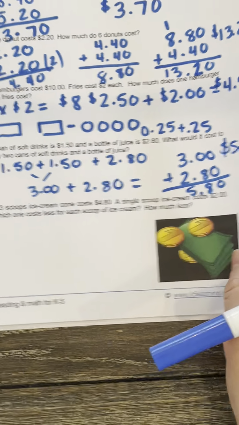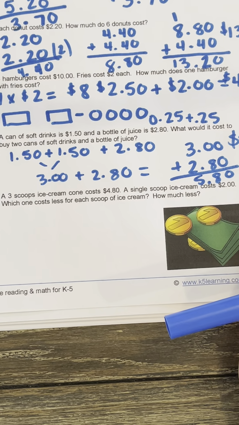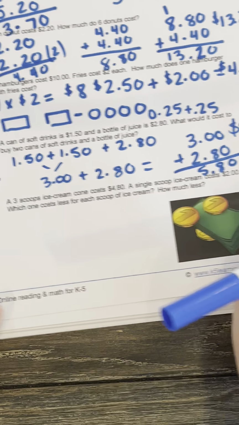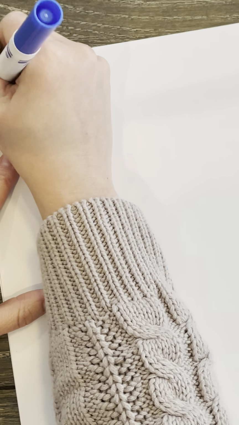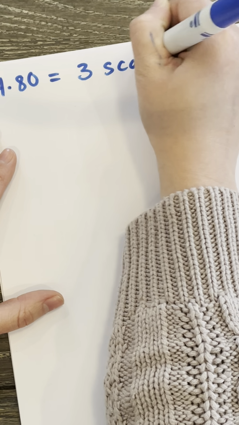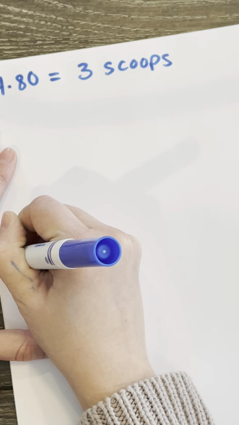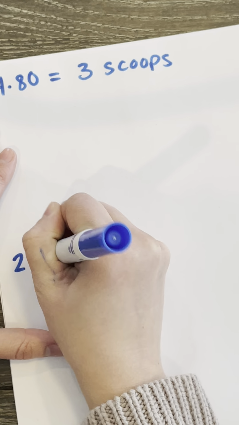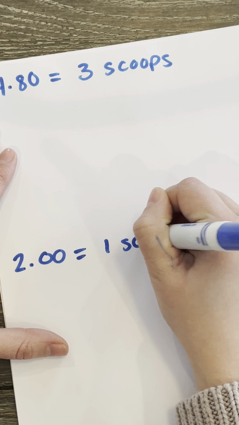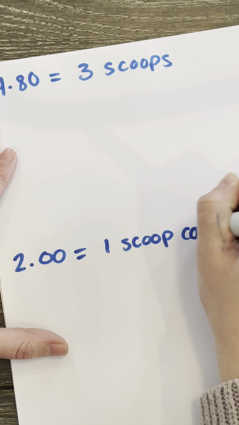So in this case, I'm gonna write this on a separate piece of paper so it's big. So we have $4.80 equals 3 scoops. And we have $2 for 1 scoop equals 1 scoop cone.